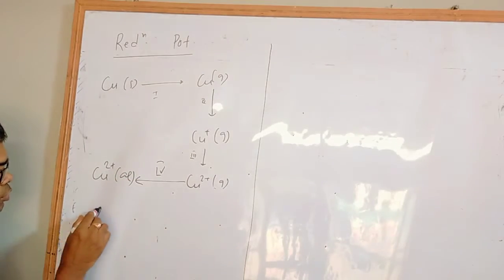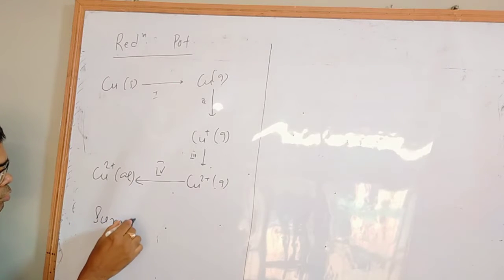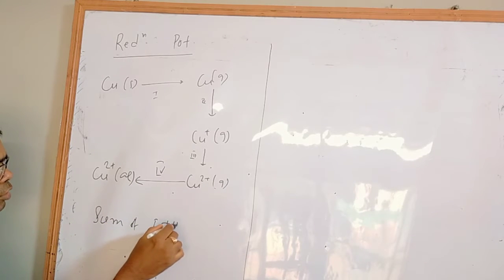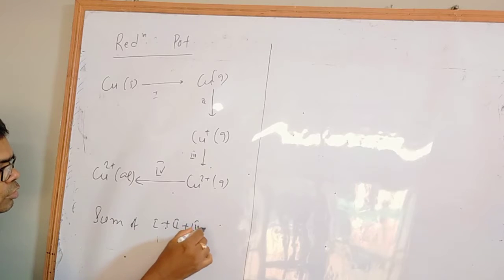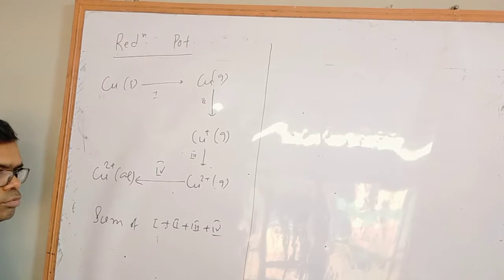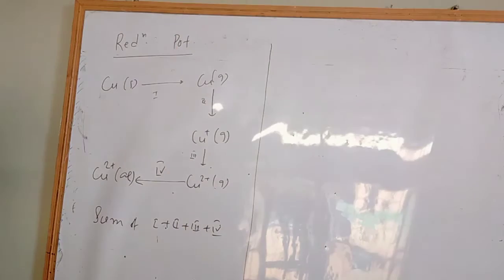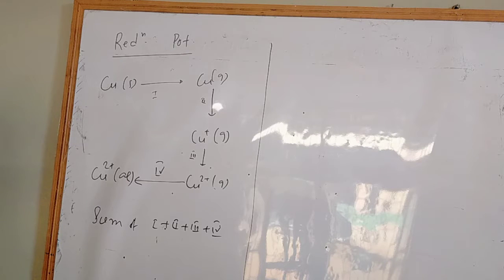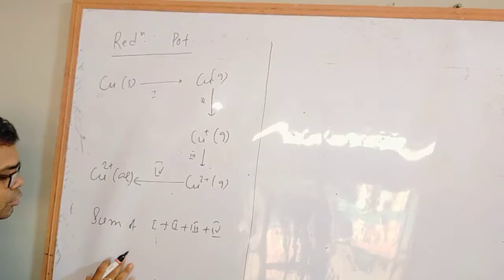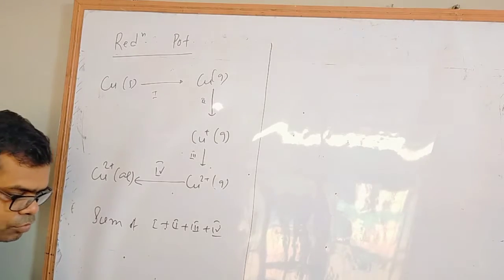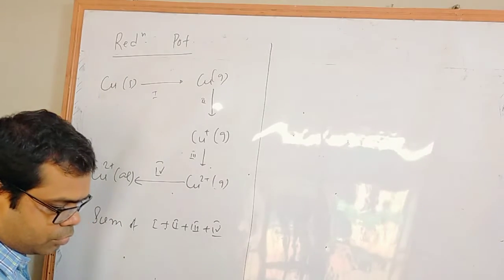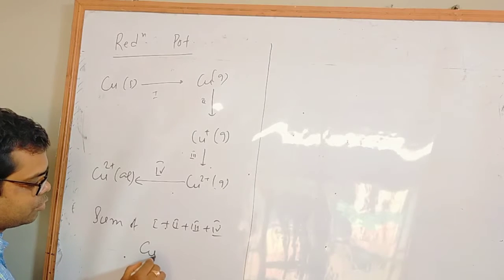And the sum of those enthalpies, sum of 1, 2, 3 and 4, in case of the whole series, it is found that for copper the value is highest.